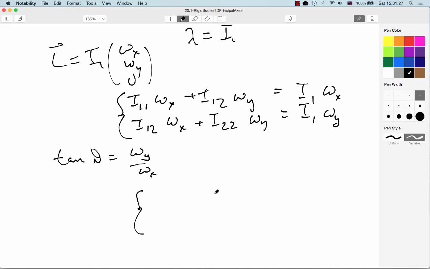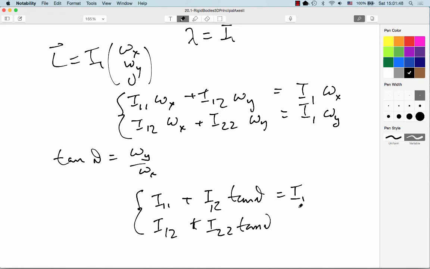All right, so if I do that, that gives me the system I11 plus I12, and now I'll have an omega y over omega x, so it's tan theta. That's equal to I1, dividing that through by omega x. And similarly, I12 plus I22 tan theta equals, now this is an omega y, so I pick up an I1 tan theta from there.